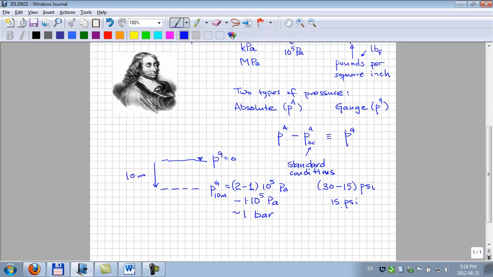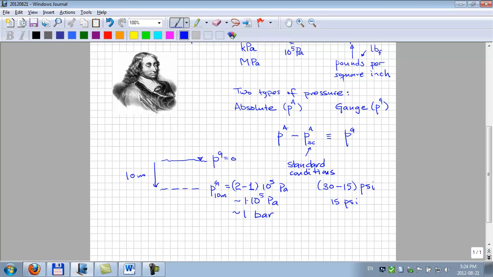So if the gauge pressure here is 15 psi at 10 meters down, and I just tell you something is 15 psi, you don't know in the petroleum industry if I'm talking about psi G, gauge, or psi A, absolute. Okay? And sometimes it's a big difference in your calculations, because there's a big difference between 30 and 15, between 1 and 2.